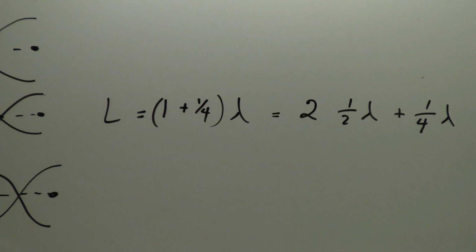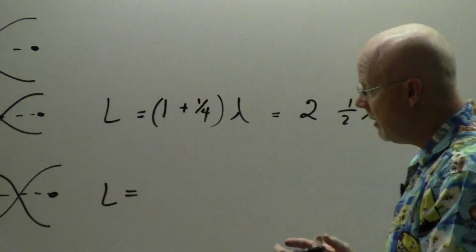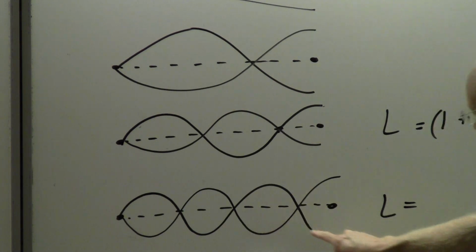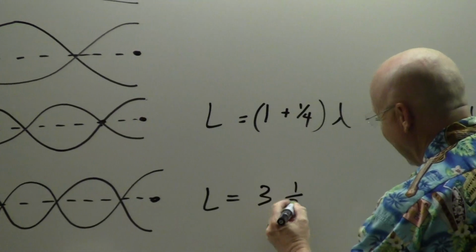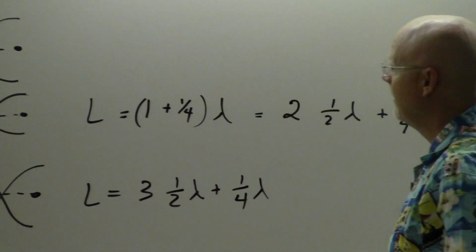That's what this one is. And that pattern shows up. Look at this one down here. You have 3 halves plus a quarter. So it's 3 halves and a quarter.